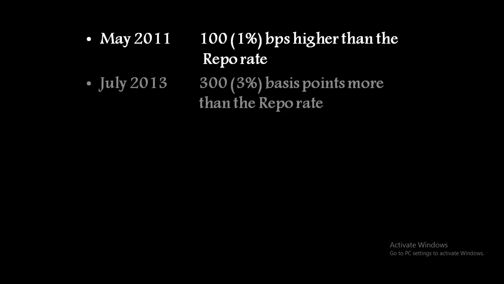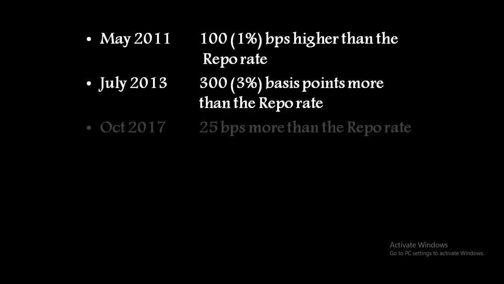But in July 2013, RBI increased the MSF rate to 300 bps, that is 3% more than the repo rate, to manage the falling value of the rupee. Later, in another amendment, the central bank reduced that to 50 basis points, which made it easier for the banks to get money from RBI whenever they were in need of immediate funds.